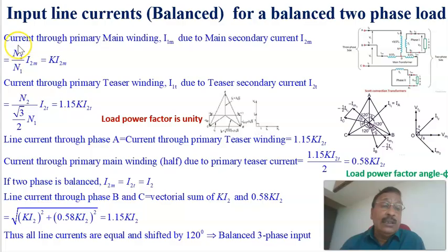Now, consider the current through the main primary winding. The secondary is loaded with equal loads at both the teaser and main transformers.